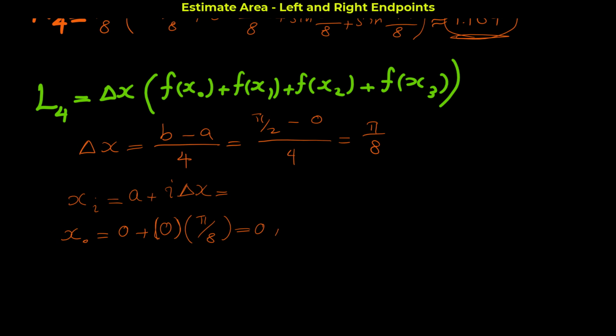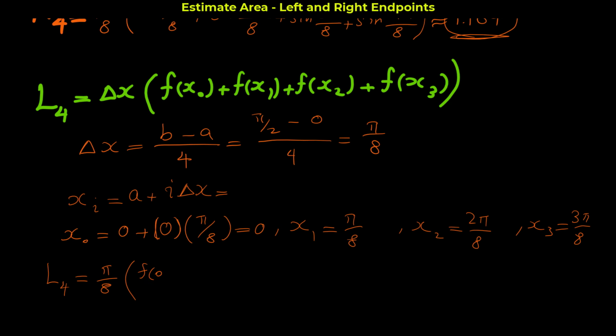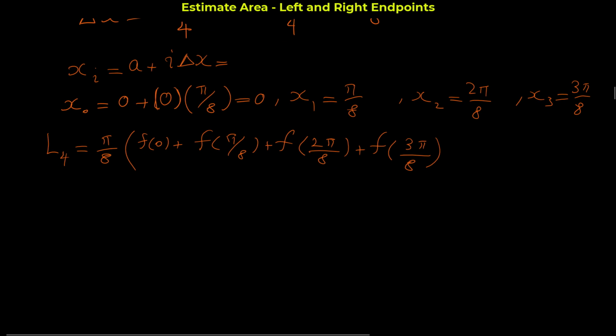We don't need to recalculate x1, x2 and x3 because we did it in the previous part. If you remember, x1 is pi over 8, x2 is 2 pi over 8, and x3 is 3 pi over 8. And so L4 would be pi over 8 times f of 0 plus f of pi over 8 plus f of 2 pi over 8 plus f of 3 pi over 8. So L4 equals pi over 8 times f of 0.